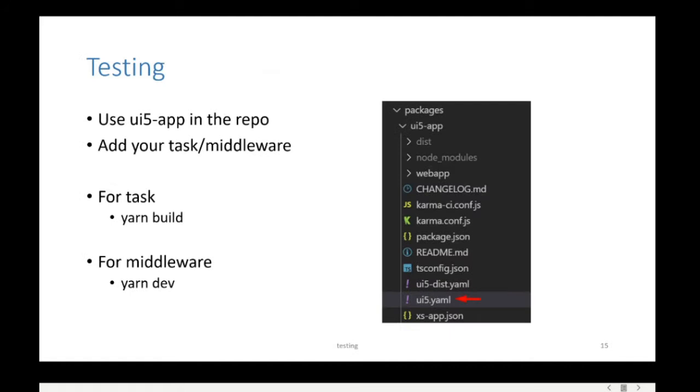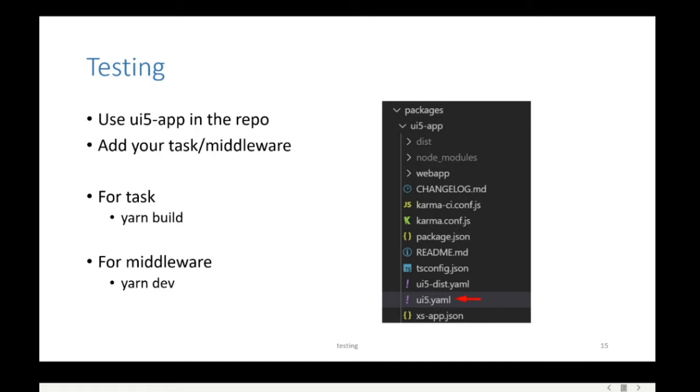Okay, testing. This information was missing, and I'll also blog about this. When you have developed the task and you want to test it, you want to know whether it's working or not.